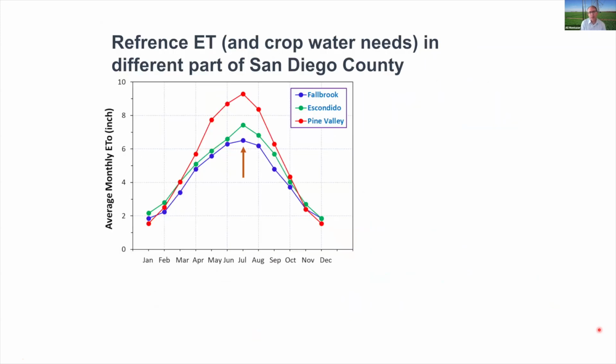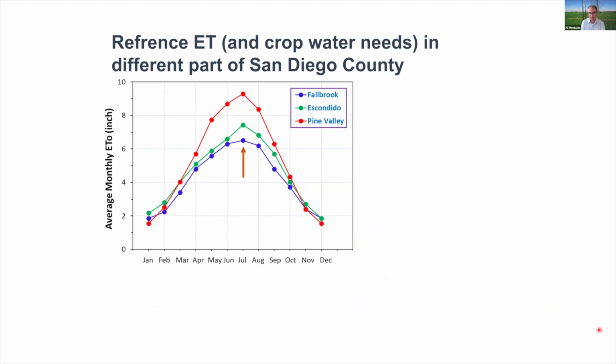So this is one estimation I did just to interpret how important ET and the following crop water needs are for irrigation scheduling in San Diego County. We have a specific geography in this county. Here I'm comparing evapotranspiration in Fallbrook compared to Escondido and Pine Valley.